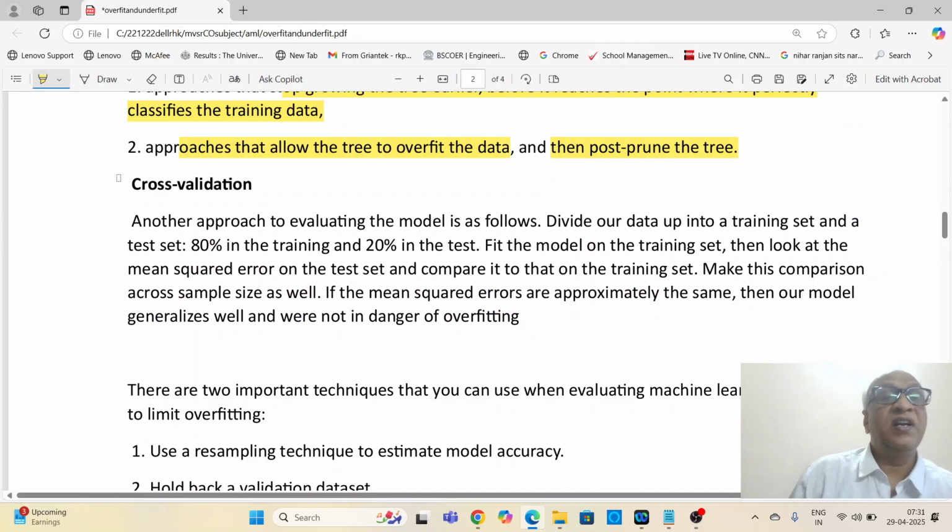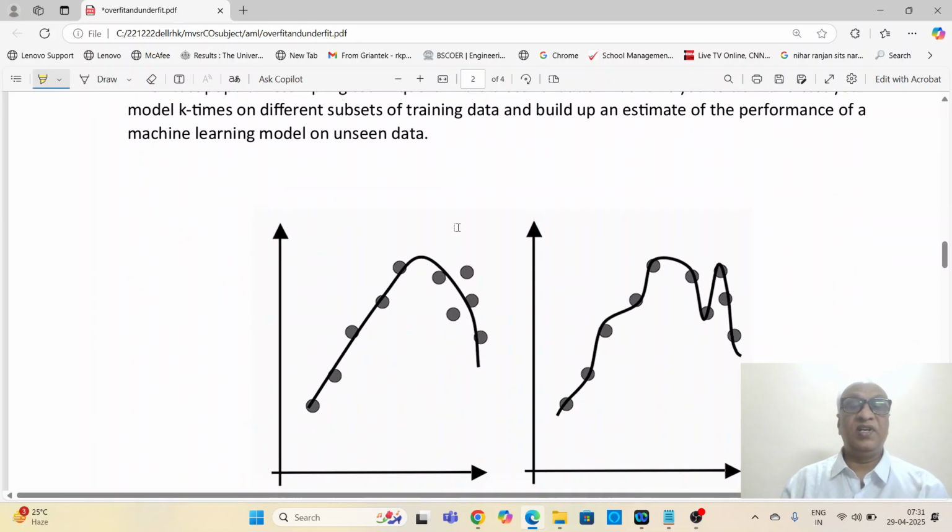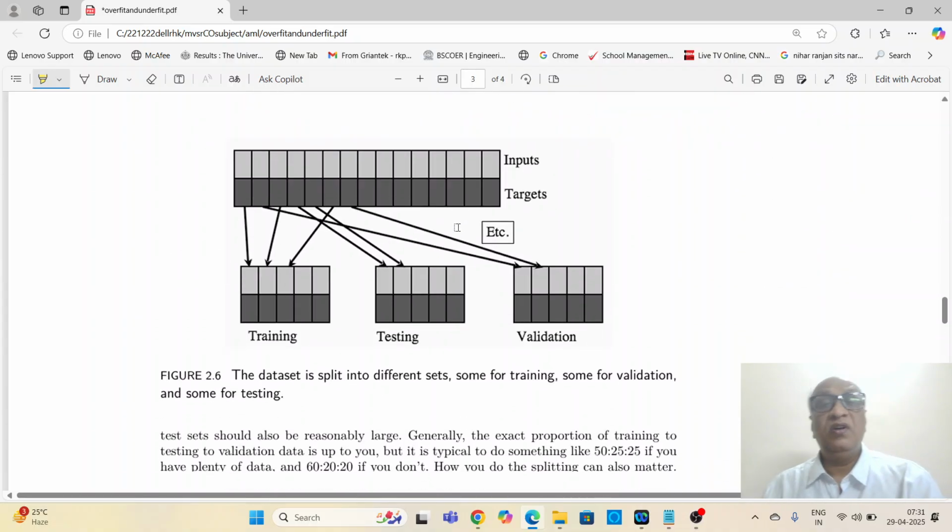Related to overfitting and underfitting, we also need to understand a term called cross validation. When I say cross validation, I should recollect what validation is. Say for example any data set is there, and that data set will be used to train the machine learning model.